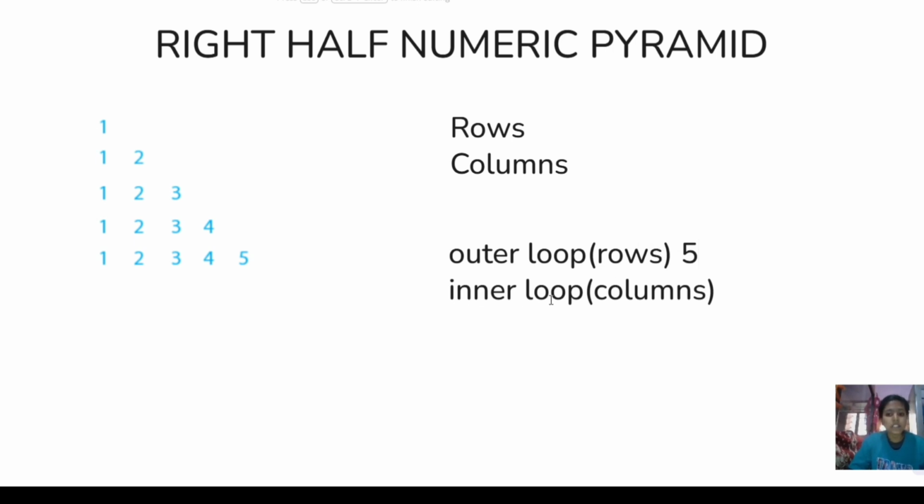And how many times does the inner loop run? The inner loop has the condition less than or equal to the outer loop variable, because the inner loop covers what is printed in each row, and the outer loop covers the rows from up to down. In the dry run we understand how the outer loop and inner loop run.